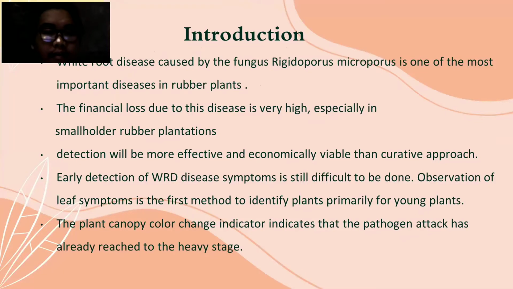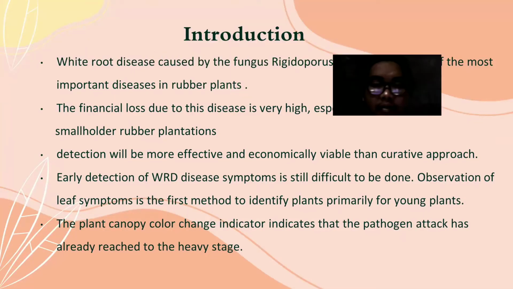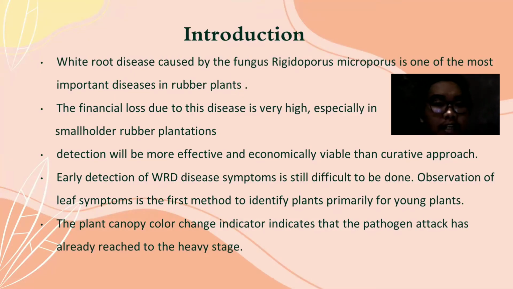So let's go to the introduction. White root disease, caused by the fungus Rigidoporus microporus, is one of the most important diseases in rubber plants. The financial loss due to this disease is very high, especially in smallholder rubber plantations. So detection will be more effective and economically viable than a proactive approach.